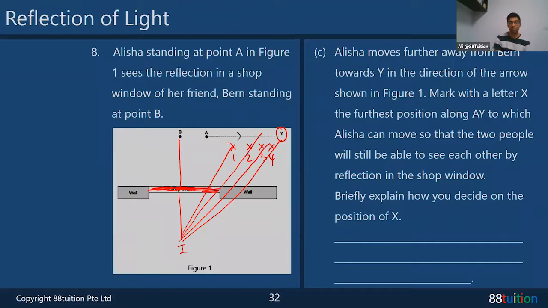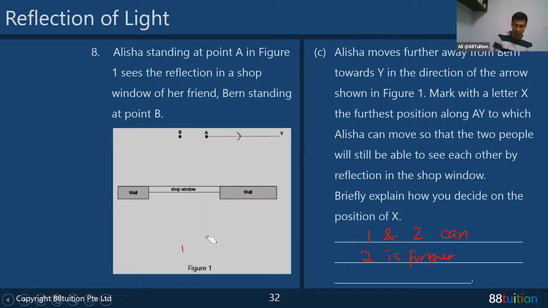But which one is further? Position 2. So 1 and 2 can, but 2 is further. Therefore, we will erase everything and say this is the furthest position she can go. We will measure and write down. Briefly explain how you decide. So all this is up to you to do, and see next week what's the answer.